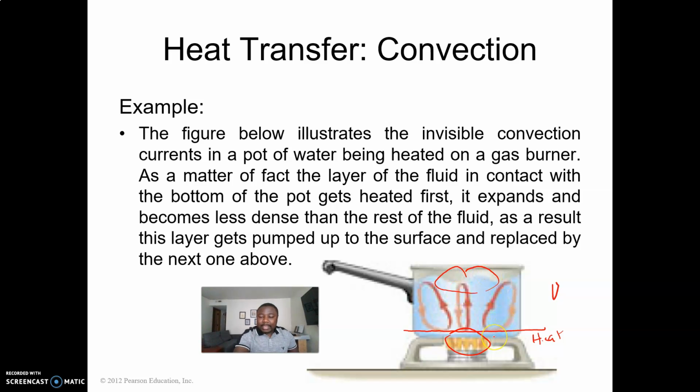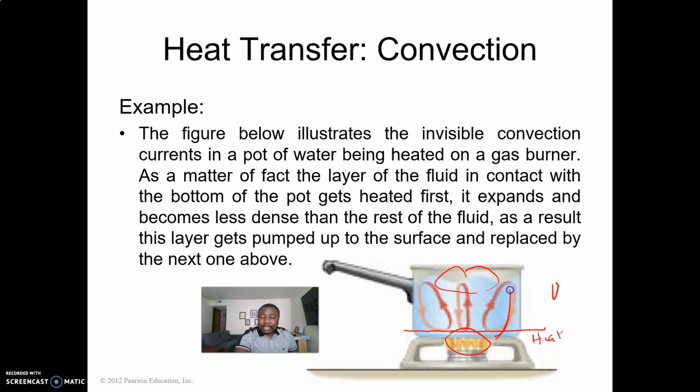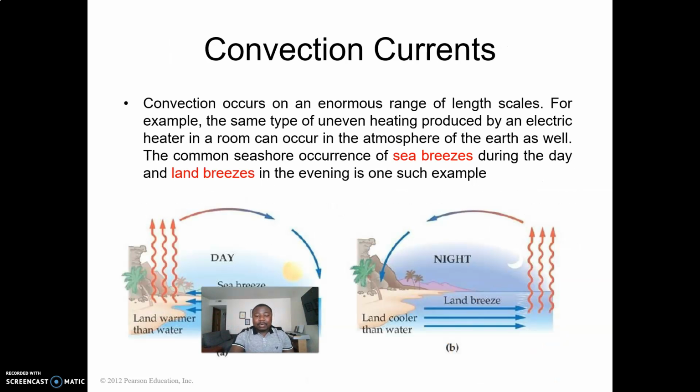So the water at the bottom rises up, and the water at the top, which is cold and more dense, goes down. And it keeps happening like that, and at some point the entire water will be heated up. And that's still another example of the process of convection.